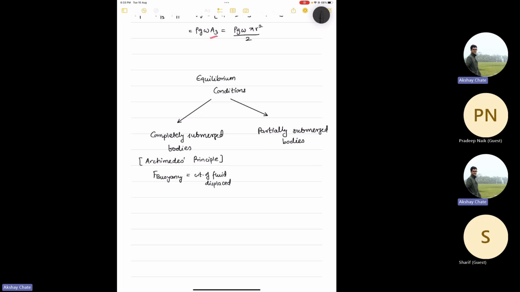Actually, Archimedes principle is valid for both cases, completely submerged and partially submerged, for all the cases. It is the same thing only.